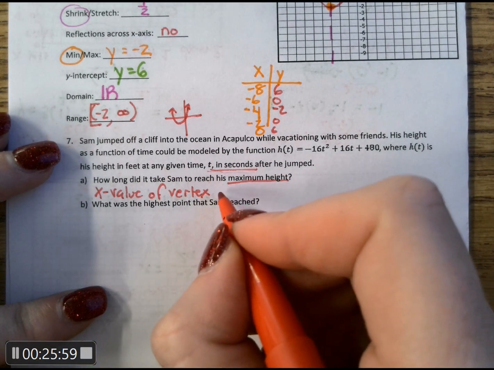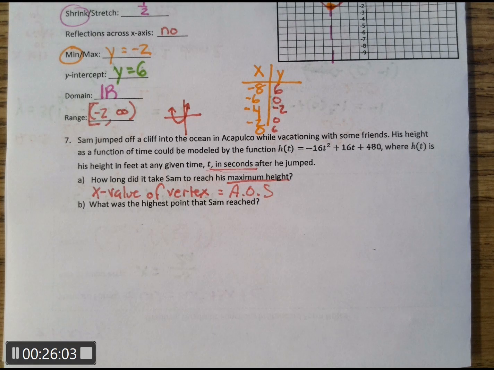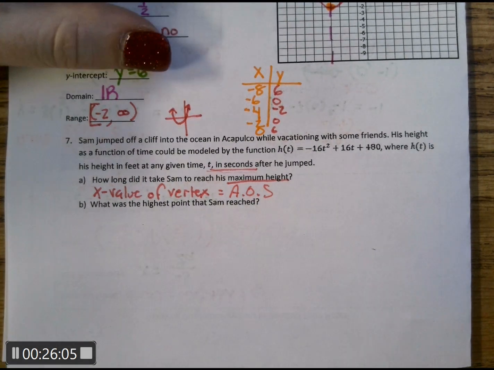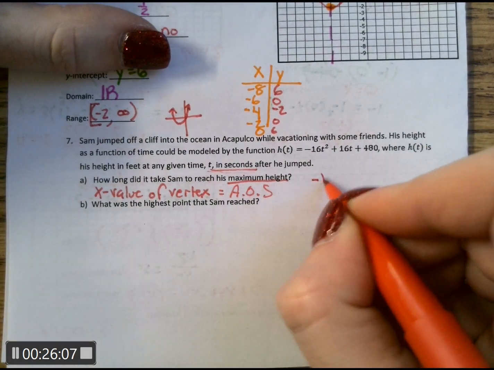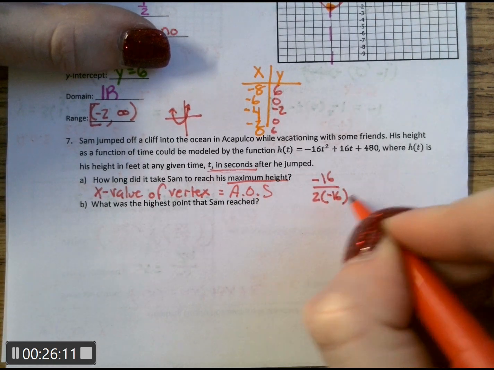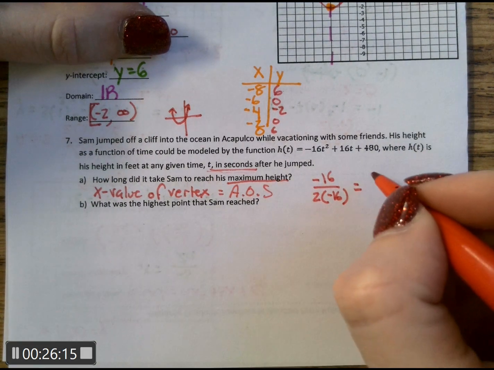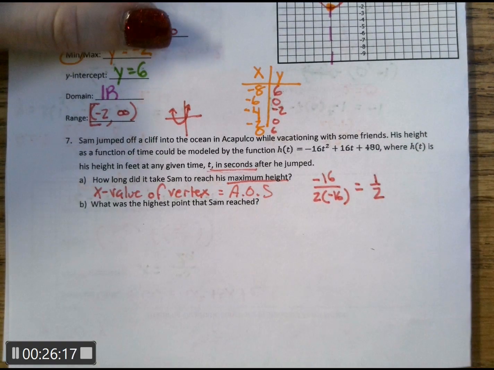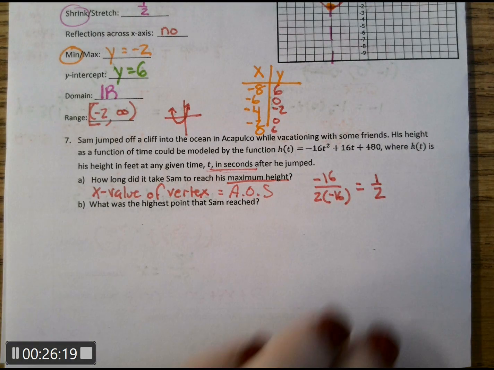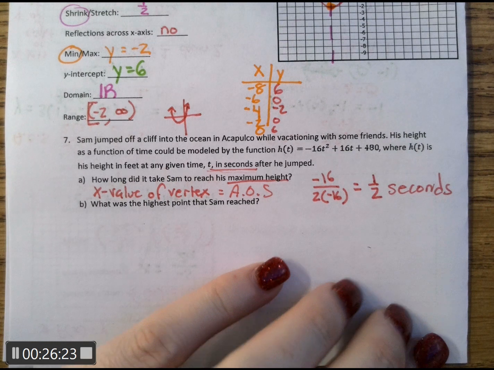Which means the axis of symmetry. So let's go ahead and find that. So that's going to be negative b over 2 times a. So we have negative 16 over 2 times negative 16. Alright. So that is just going to leave us with 1/2. Alright. So 1/2 seconds for him to reach his maximum height.